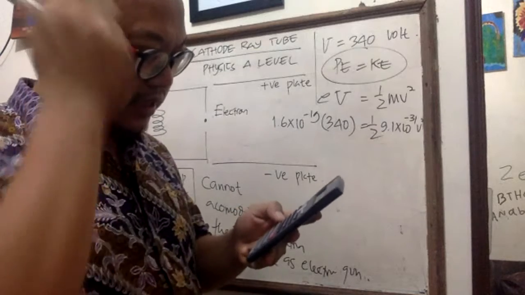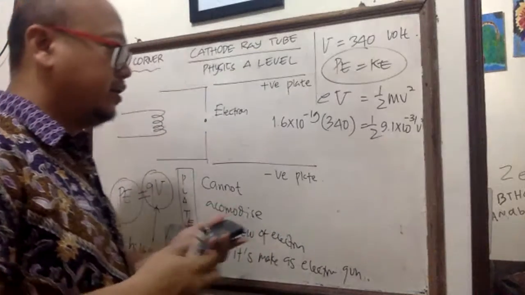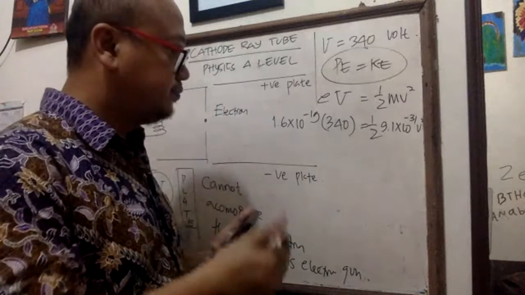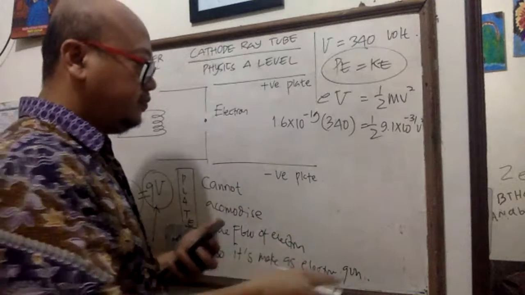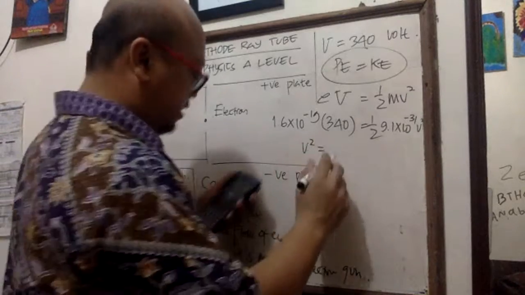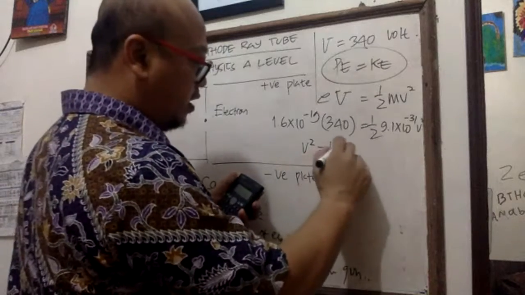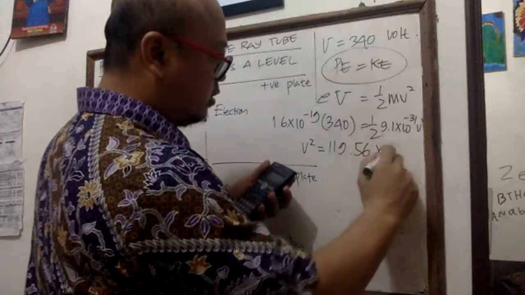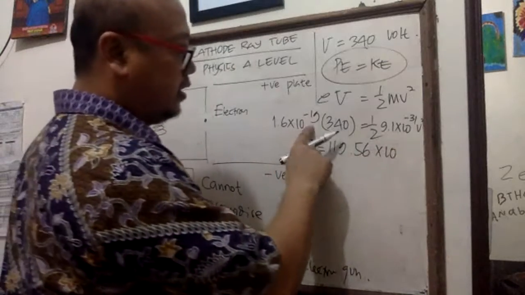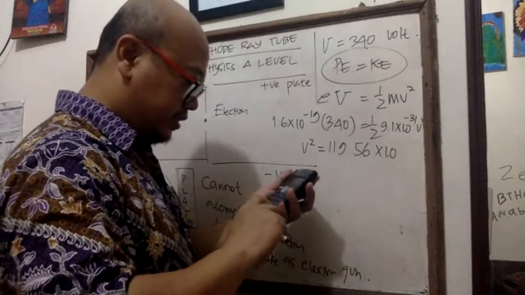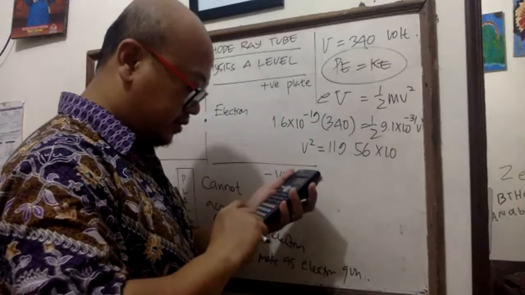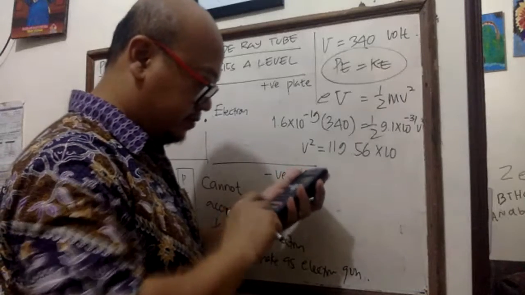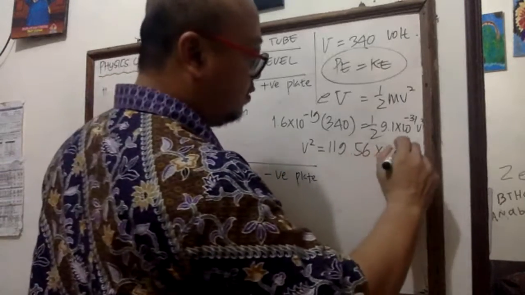So we can write first here, this is actually 119.56 times 10 to the power 12.